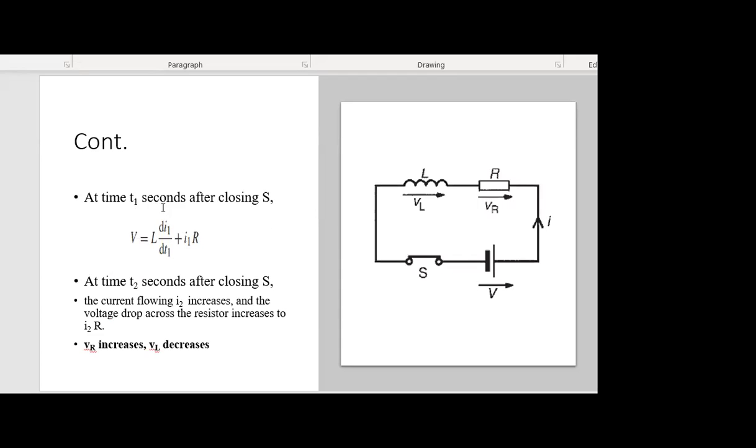Then at time t, after some time after closing the circuit, the induced EMF will reduce. So when the induced EMF in the inductor reduces, then current will start to flow again. So when you look at the equation here, we still have the induced EMF, though it is reduced, and we have voltage drop across the resistor.